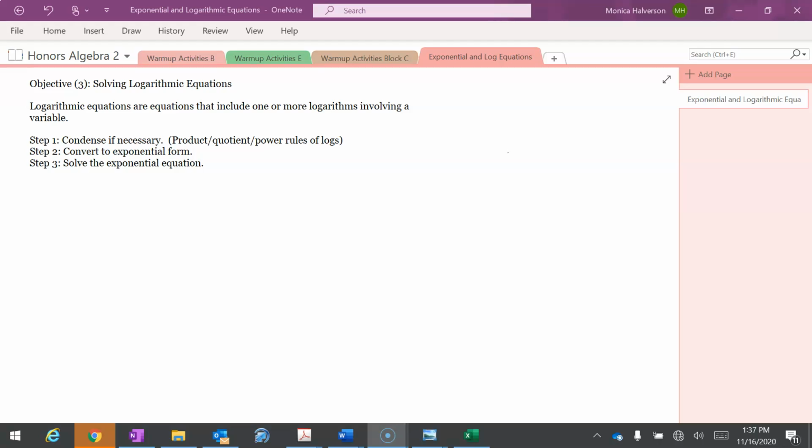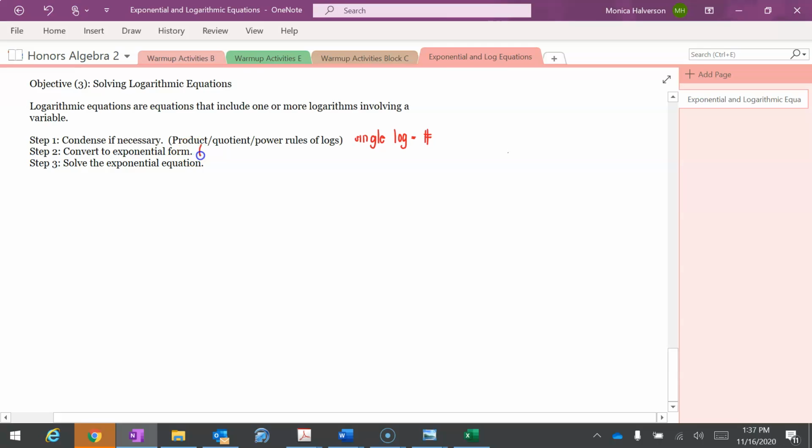Once you condense and get a single logarithm set equal to a number, and this is really important, we need to have a single log set equal to a number. Once you're able to do that, you convert it to exponential form.